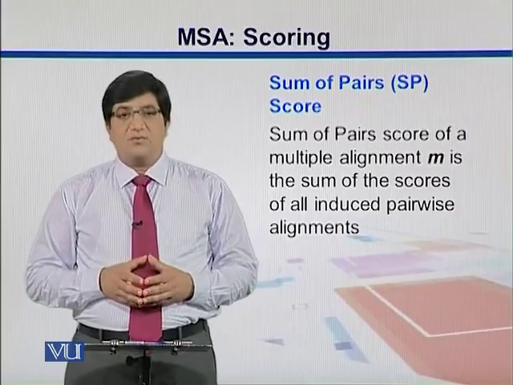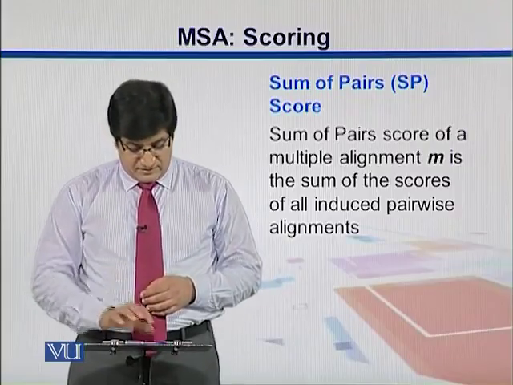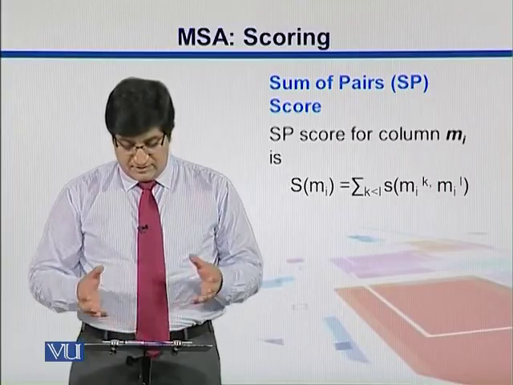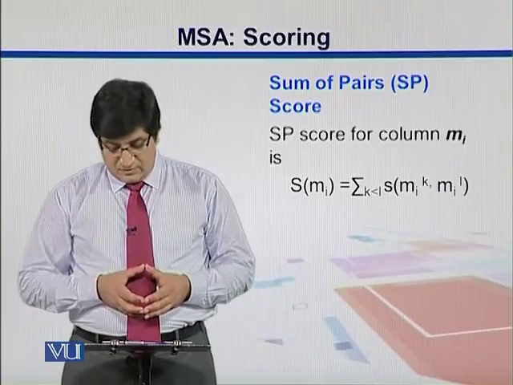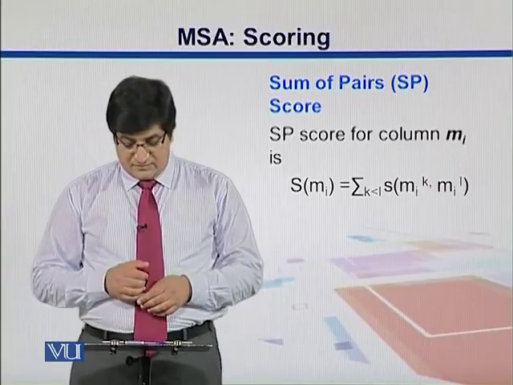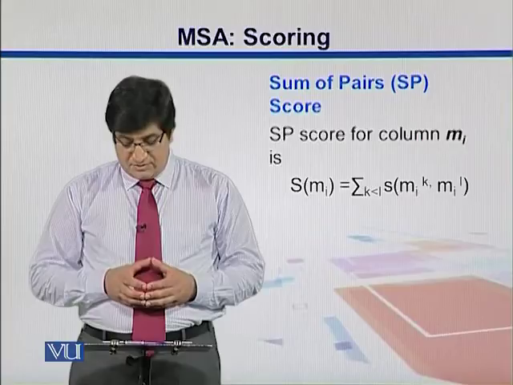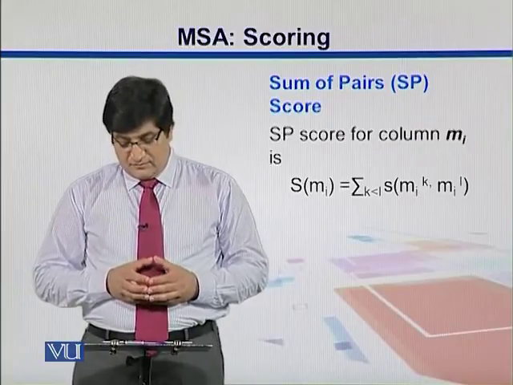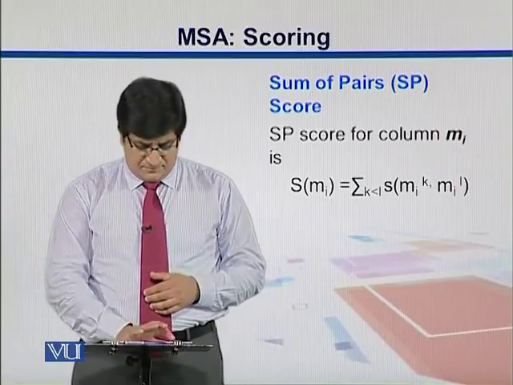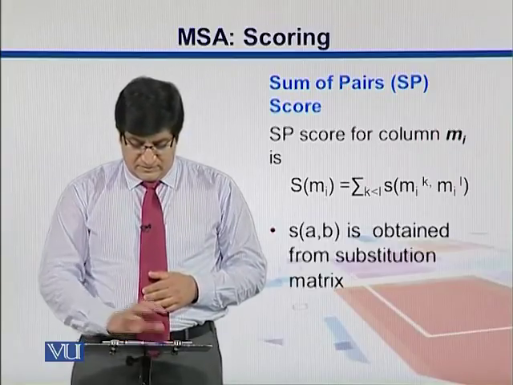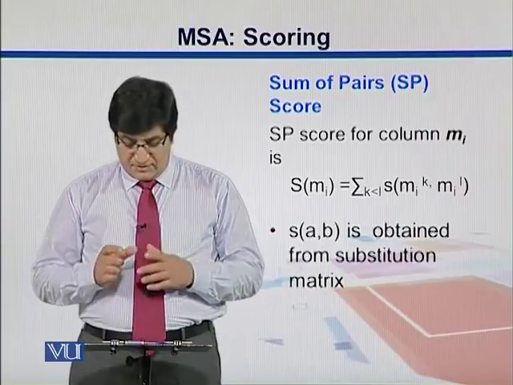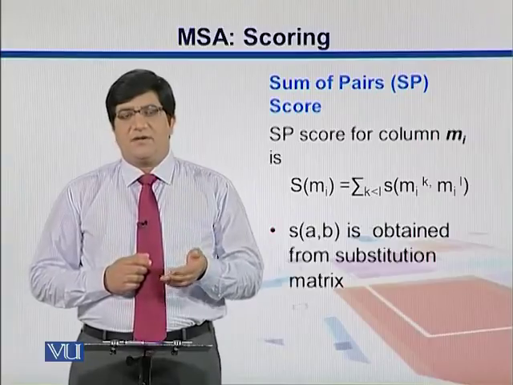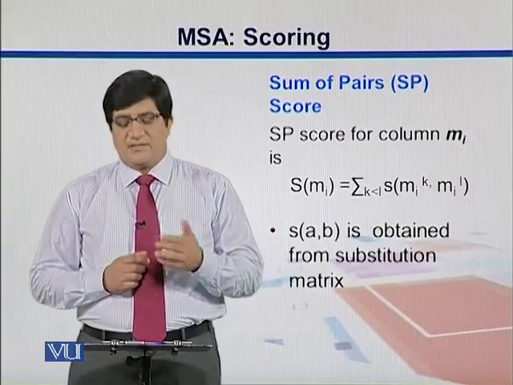That is the sum of the scores for all individual pairwise alignments. The sum of pair score, SP, for column I is given by this relation, where SMI is the summation over S of A K and L, where K is less than L. This is the score for each compared pair, A and B, where A may be the first nucleotide in the first sequence and B the first nucleotide in the second sequence.